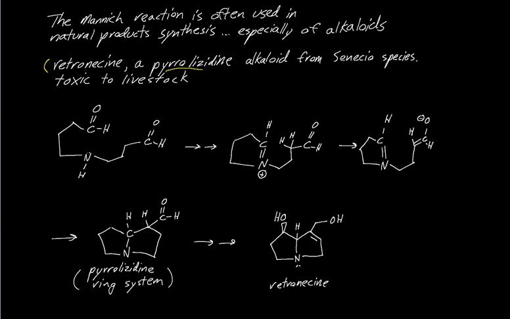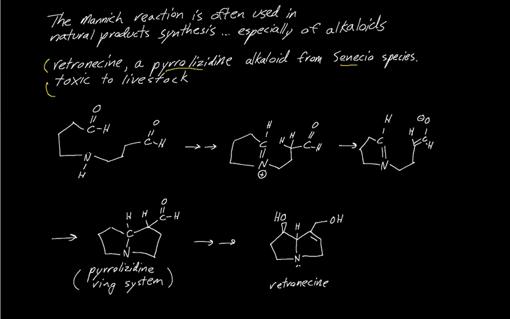And it's from Senecio species of plants, the Senecio genus, I should say. Toxic to livestock. So there's been a lot of alkaloids that are toxic to livestock. And pyrrolizidine alkaloids are especially prominent among alkaloids that are toxic in agriculture. These plants kind of grow wild, unexpectedly the cows eat them or the horses eat them and get sick or go nuts.